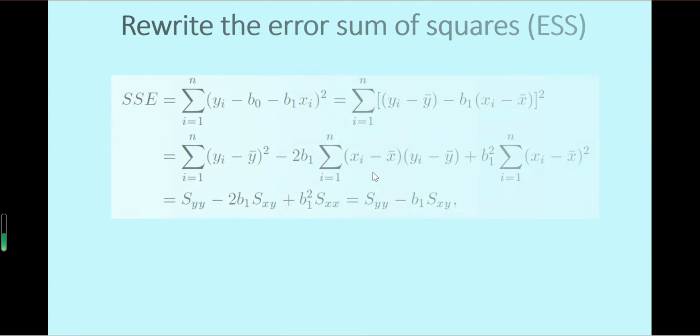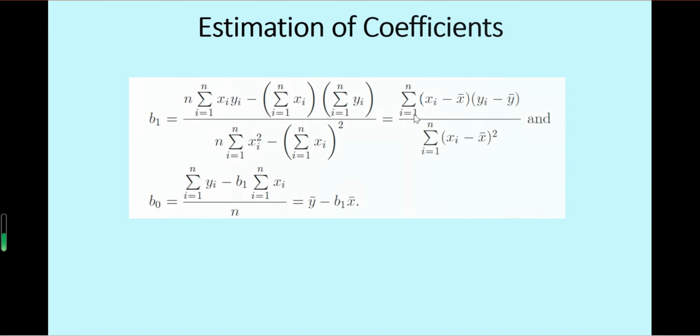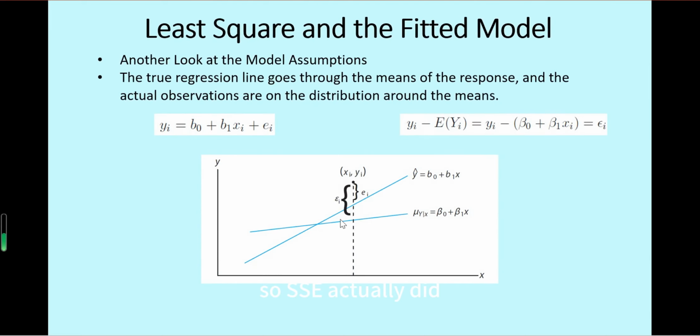If we check the figure again, SSE actually is the sum of squares of this ei. And this ei is the difference between real observations and the regression value at given x. So the difference between the real observations and the point on this regression line is ei, and the sum of squares of this ei we call SSE.